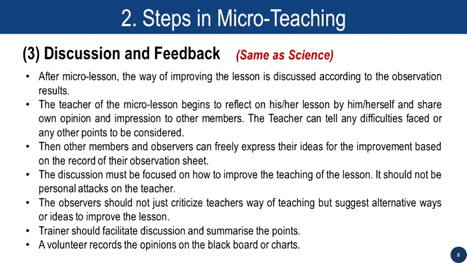The observer should not just criticize the teacher's way of teaching, but suggest alternative ways or ideas to improve the lesson. Trainer should facilitate discussion and summarize the points. A volunteer can record the opinions on the blackboard or on the chat.